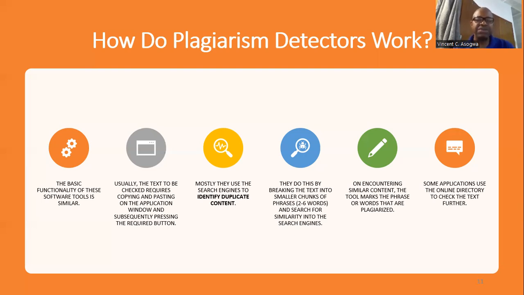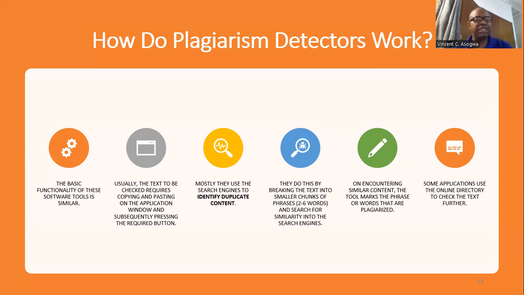So its effectiveness depends on the reduction, or the smaller the number of words or chunks that the machine can break them. Then, on encountering smaller content, the tool marks the phrase or the words that are plagiarized. It will mark it for you.